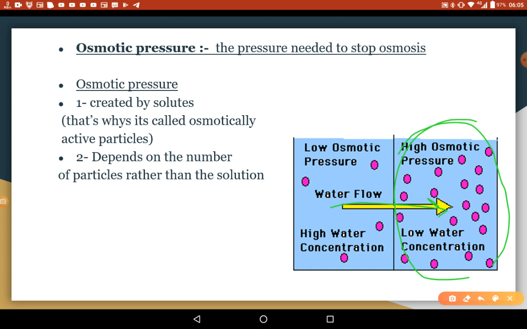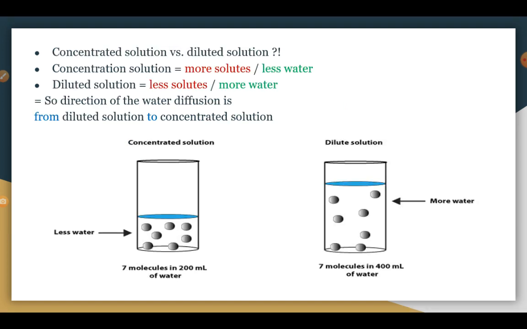Then these solutes will create osmotic pressure. This osmotic pressure will stop further osmosis from happening. We have different equations to calculate this osmotic pressure. I think it's called the Van't Hoff equation.